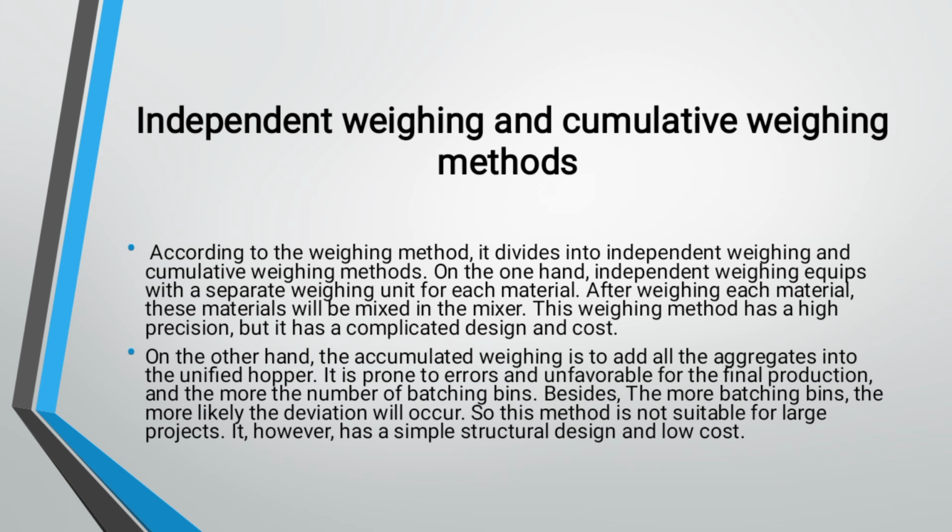On the side of the cumulative weighing method, all the materials are added into a unified hopper. Then the process begins, and this method is prone to errors and unfavorable for the final production.